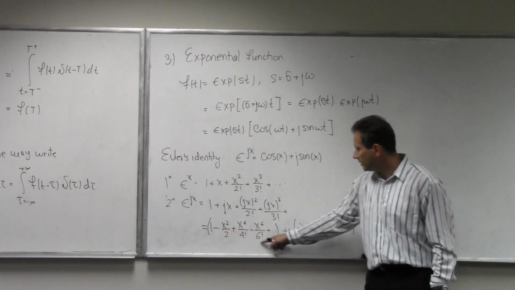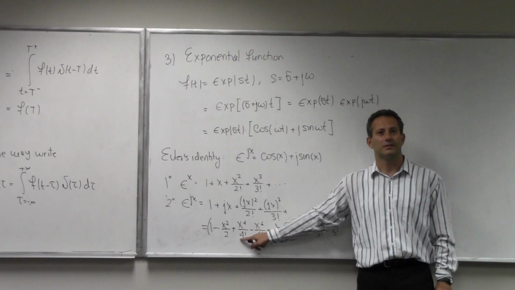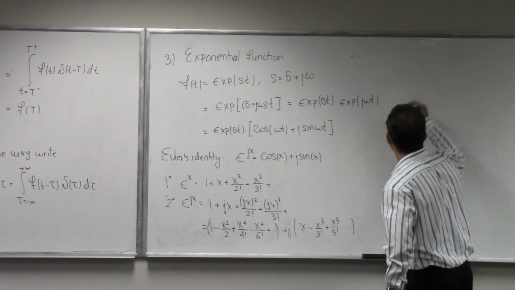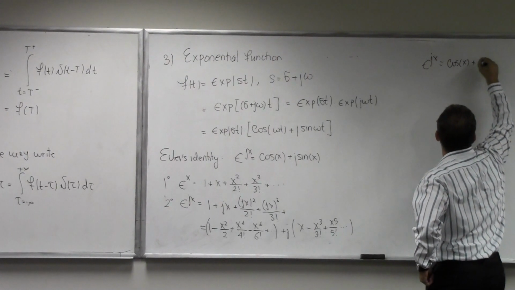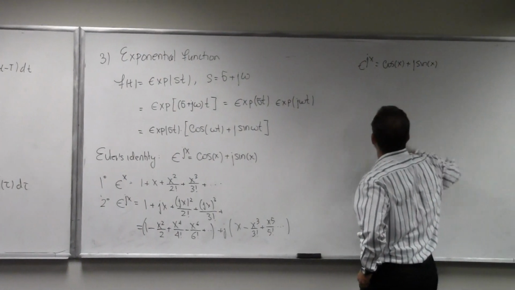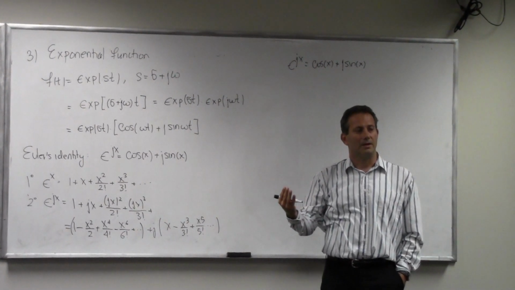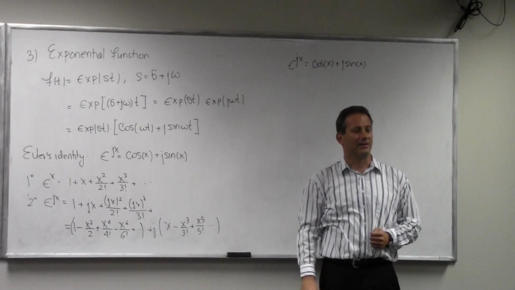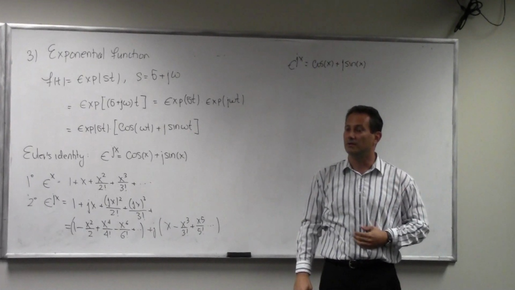So this here is the real part, this is the imaginary part. Guess what this is? Cosine. This is cosine. What is this? Sine. So we get that e to the jx is cosine of x plus j sine of x. So when they ask you what is cosine, it is not the ratio of two sides of the triangle, because we can say cosine of 35 million and know how to evaluate it.